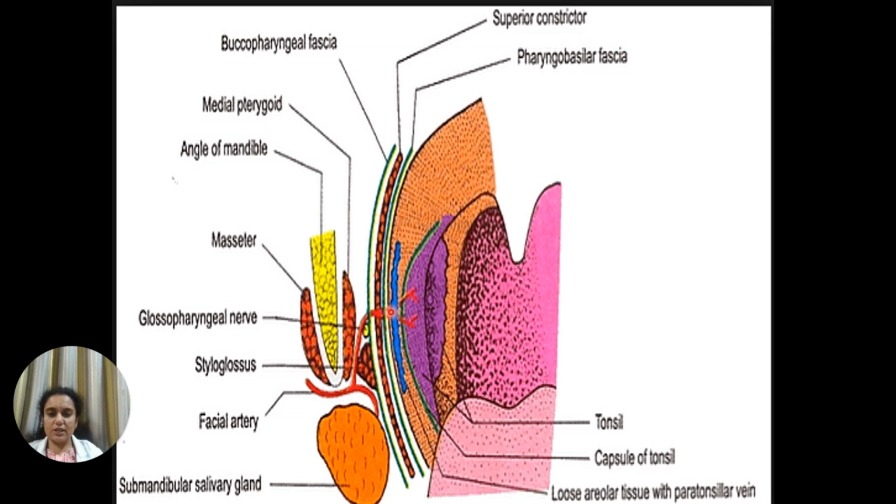In between runs the facial artery and its branches, supplying the tonsil. This loose areolar tissue is the plane of dissection during tonsillectomy, and it is in this plane that pus collects in a condition called quinsy, which is a peritonsillar abscess.